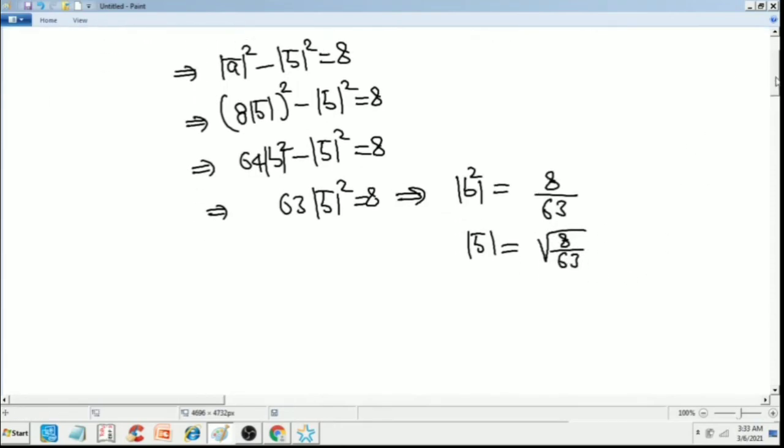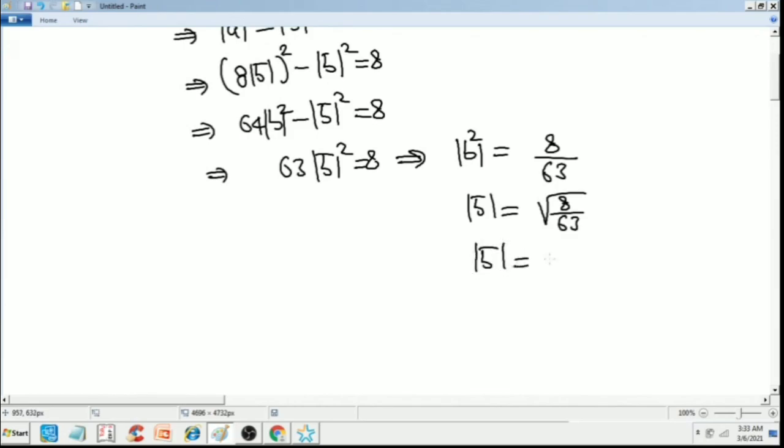And from here I can write root over 8 by 63, where 8 can be written as 2 to the power of 3 and 9 times 7 is 63. So the square root cancels, giving 2 times root 2, and here root over 9 is 3 root 7. So 2 by 3 into root over 2 by 7. This is B modulus.